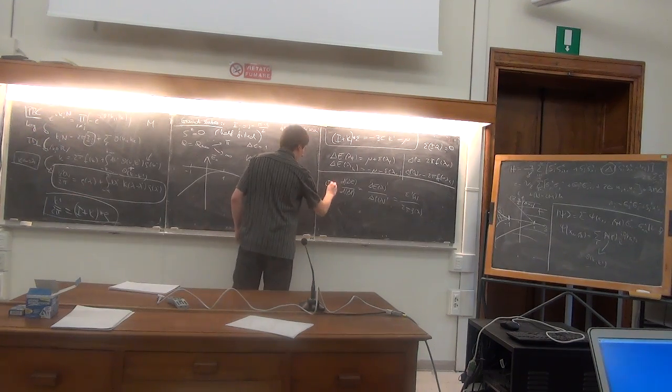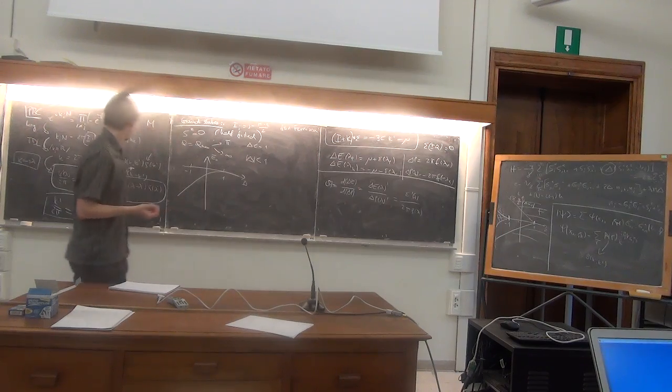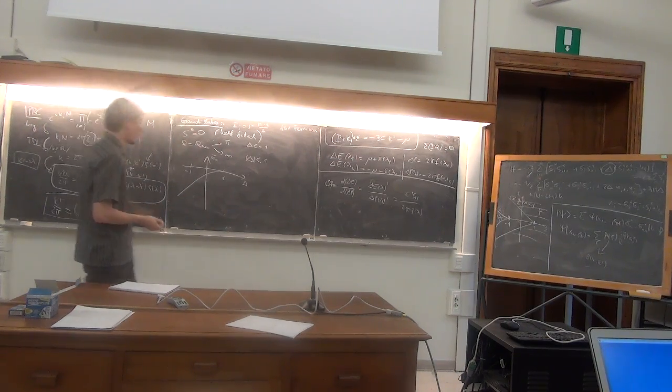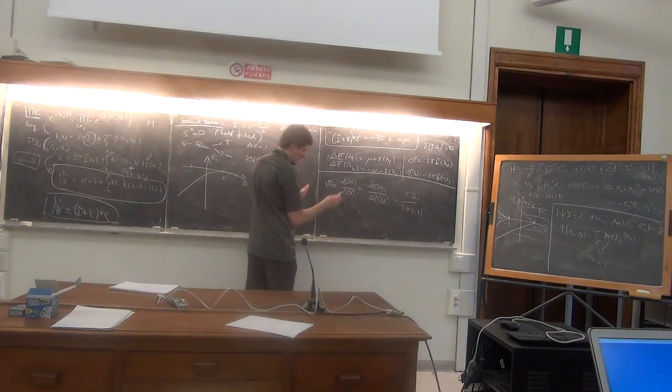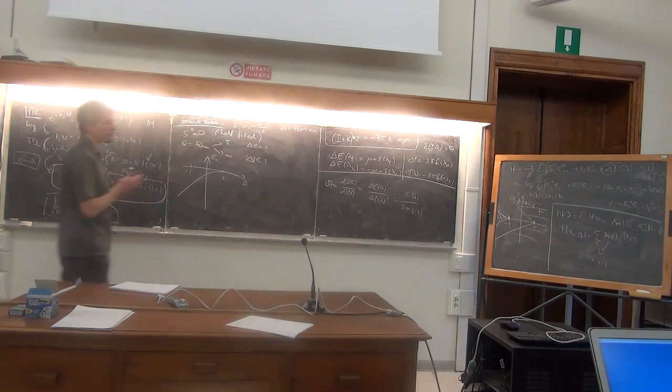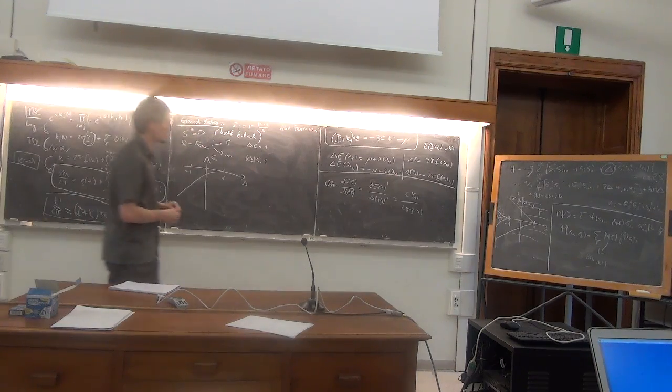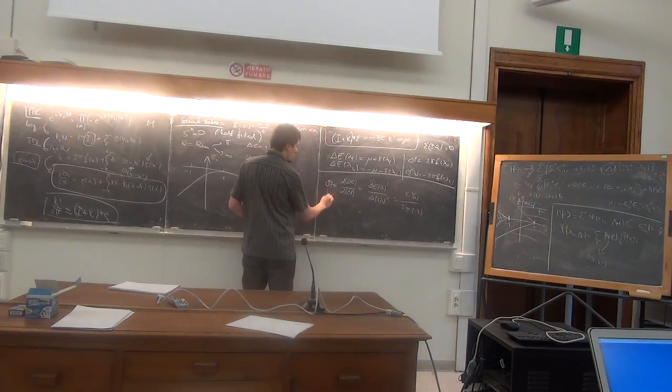Okay, and this is v of lambda, and then of course the most interesting case is when we look at the boundary of the Fermi sea. So these are the low-lying excitations. This is what is most interesting. So then this becomes the velocity, the speed of sound.